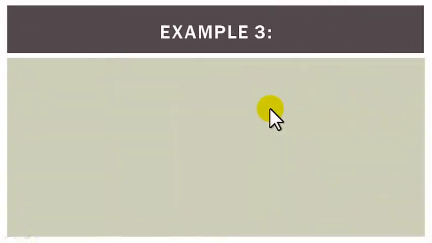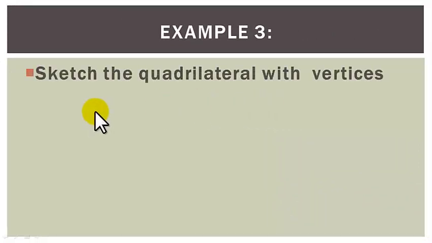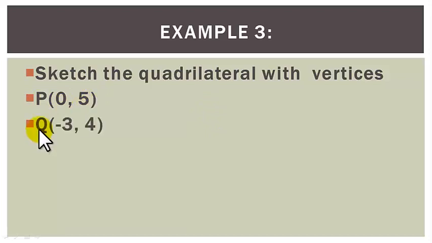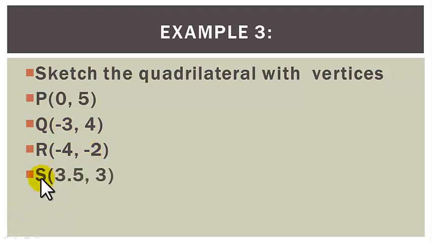Example number 3. Again, let us sketch the quadrilateral with the following vertices: P(0, 5), Q(-3, 4), R(-4, -2), and S(3.5, 3).